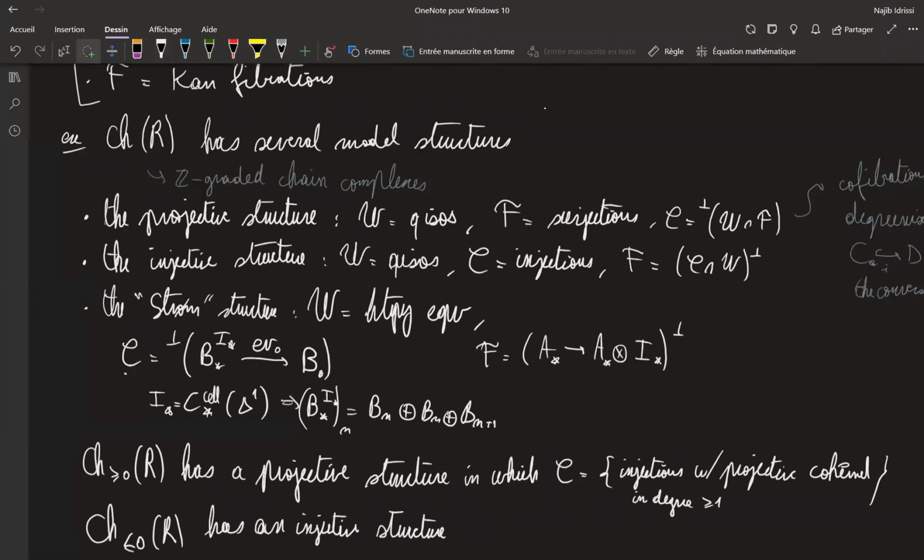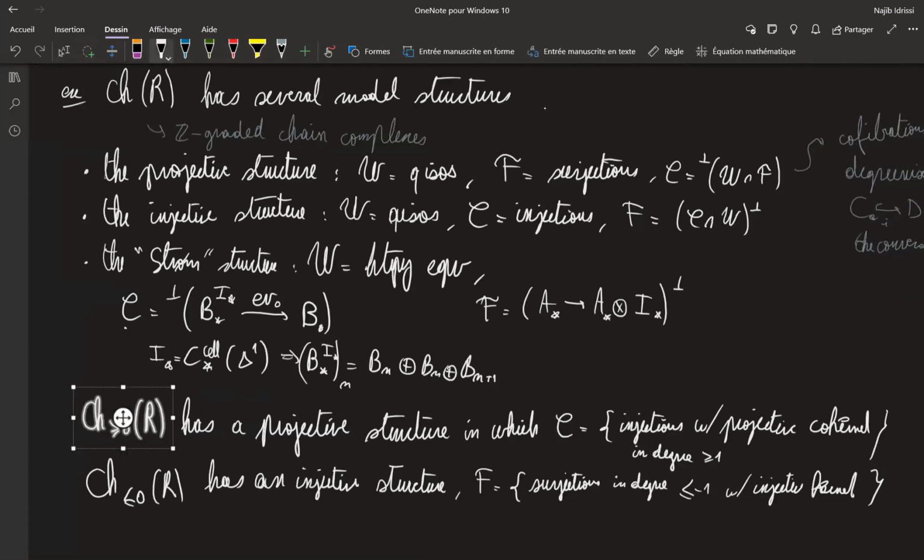So injective means you have quasi-isos and injections, and fibrations are surjections in degree less than or equal to -1 with injective kernel. So injective in the sense of an injective resolution, right?